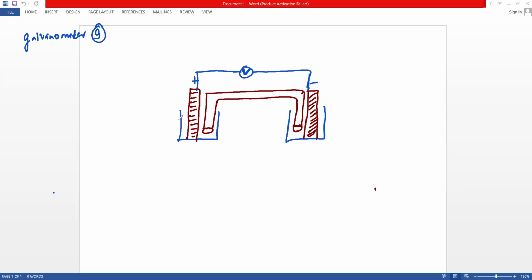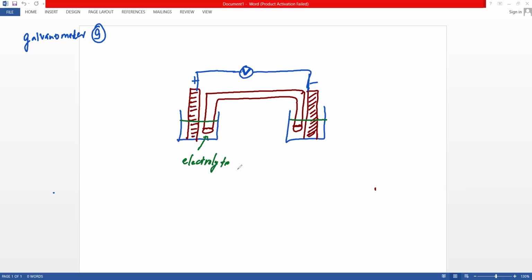Within each half cell, there is a solution, and this solution is called an electrolyte.